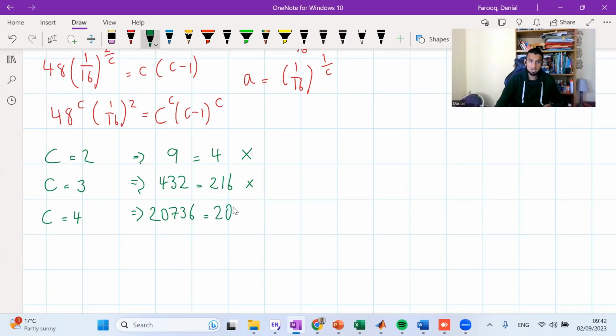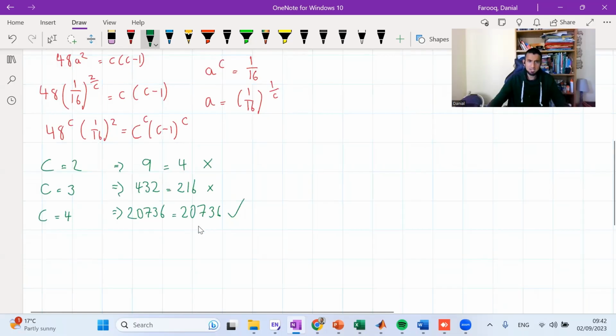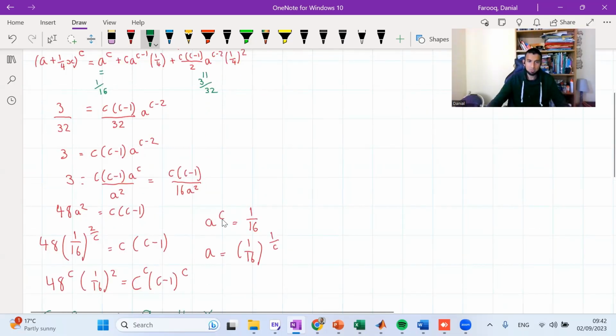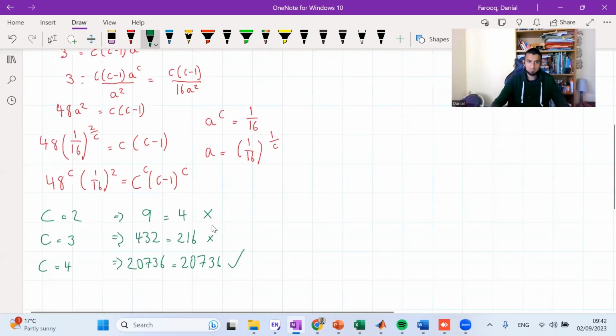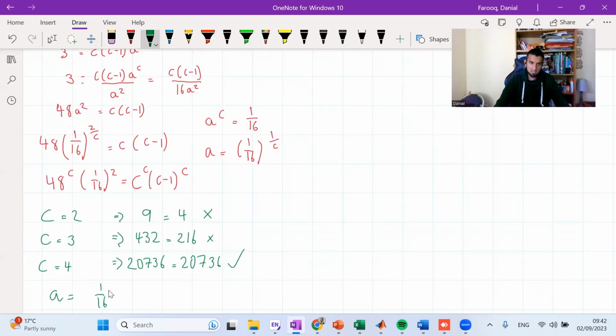So actually this one does work. Not the optimum way of doing it probably, but we got the solution. c is 4. And if c is 4, then a must be a half, because a equals (1/16) to the power of 1 over c, a quarter, and that will be half. So we got the solution.